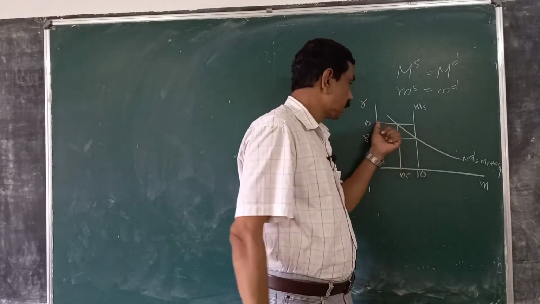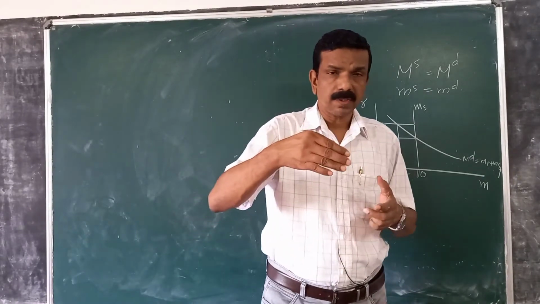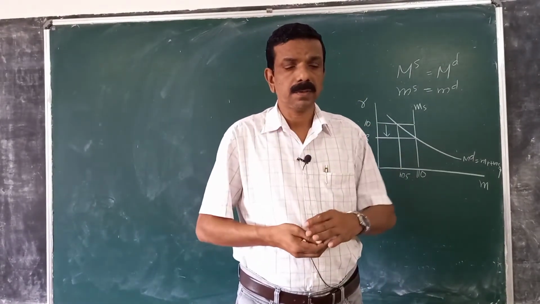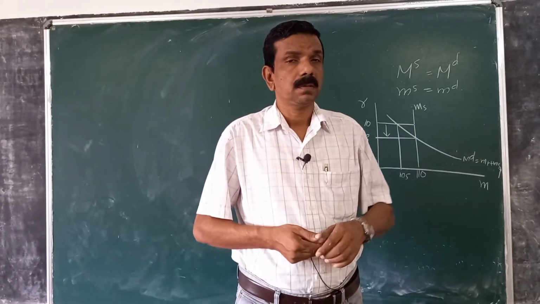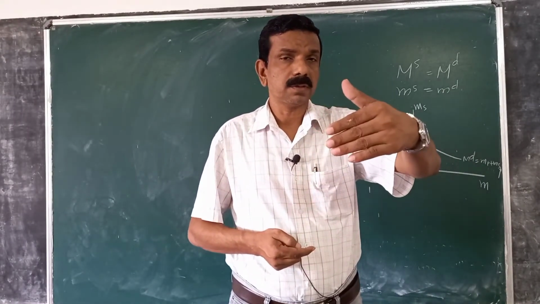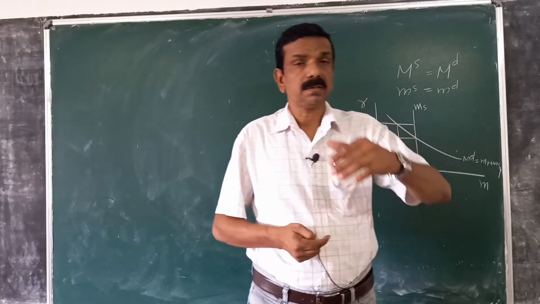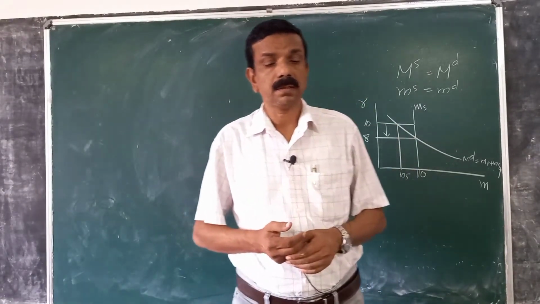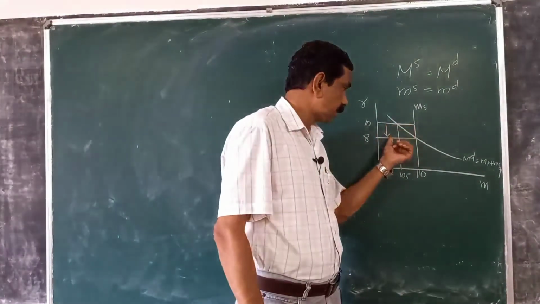So if there is an excess supply of money, wealth holders will enter the market with the objective of purchasing more bonds. It increases demand for bonds in relation to supply of bonds, and the price of bonds will increase and the rate of interest will decrease until it becomes 8%.